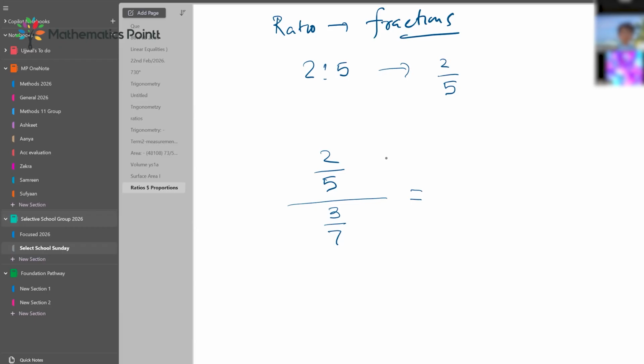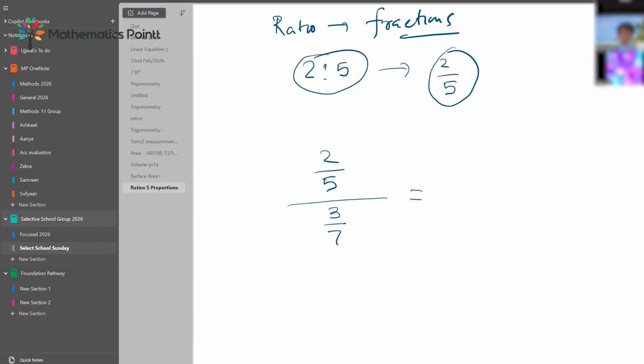All right. Now, a few ways of doing it. Let's do the ratio way of doing it. I told you that fractions can be represented as ratios. Hear me out loud and clear.